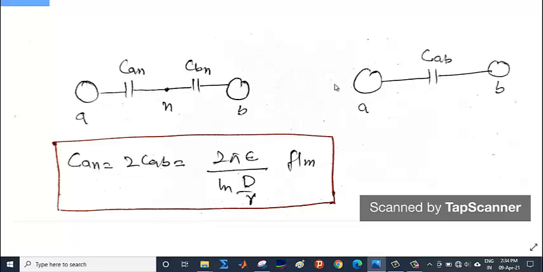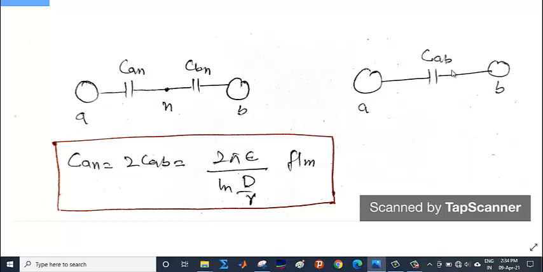That means the CAB will be equal to CAN by 2. Since this point is at the center of these two conductors, they have the same charge and the same radius. So CAN will be equal to CBN. They will be the same in magnitude.